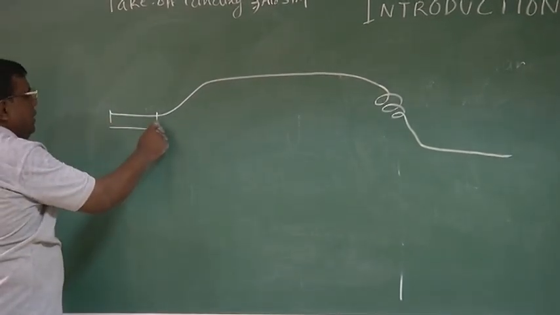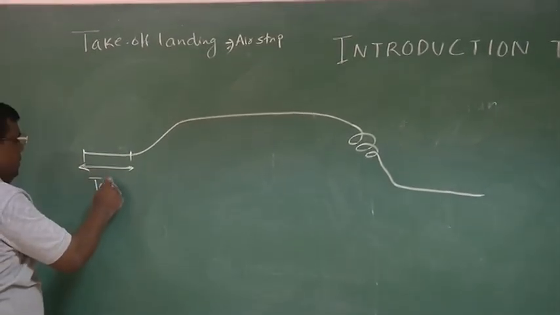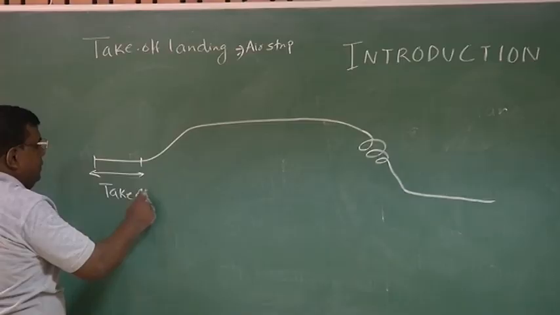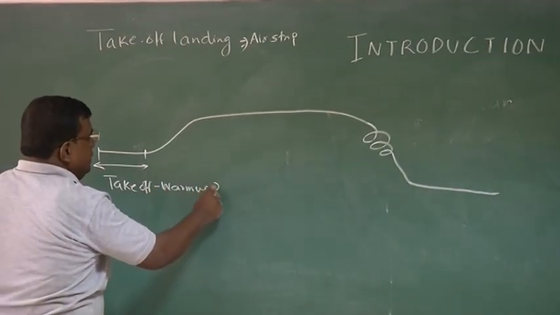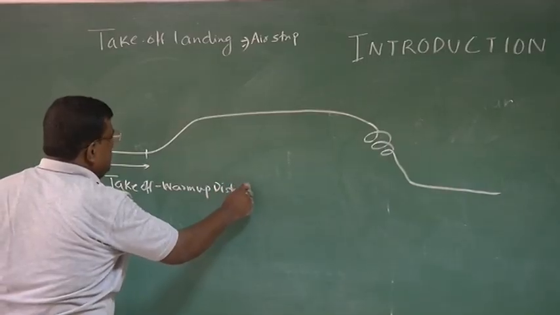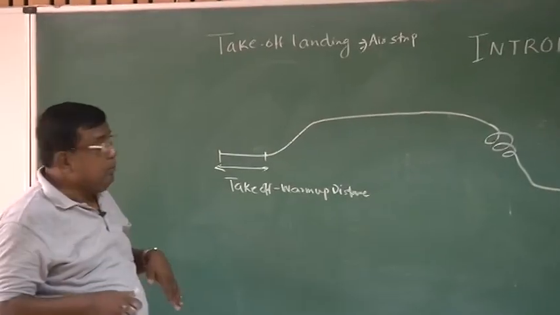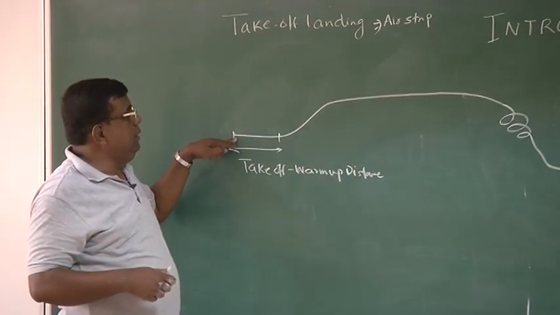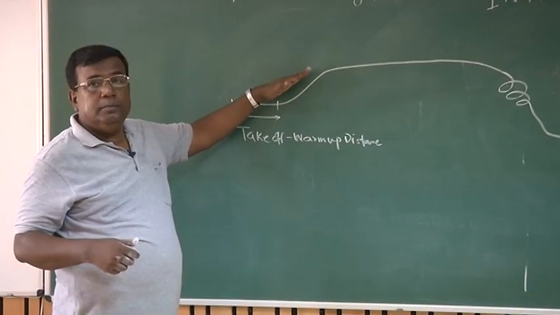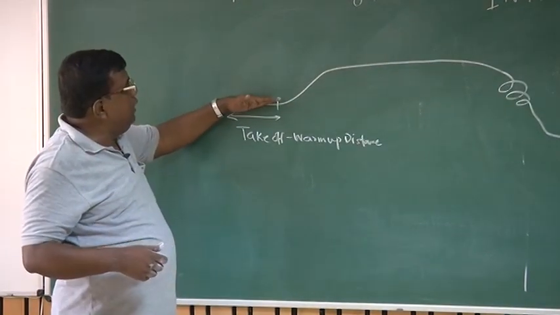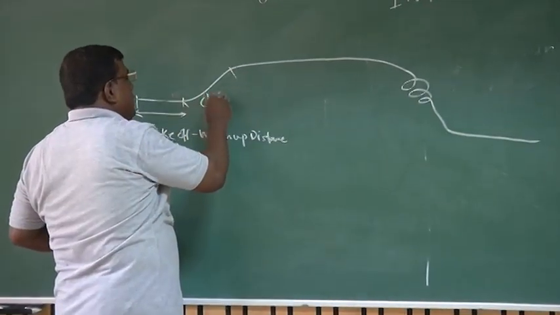From here to here, we'll be talking about takeoff and warm-up distance. That is, I'll be switching on the engine, doing taxiing, then I'll start increasing its speed. After a certain speed, I'll start climbing. I go like this, I roll the plane, start climbing. So this phase is basically climbing.